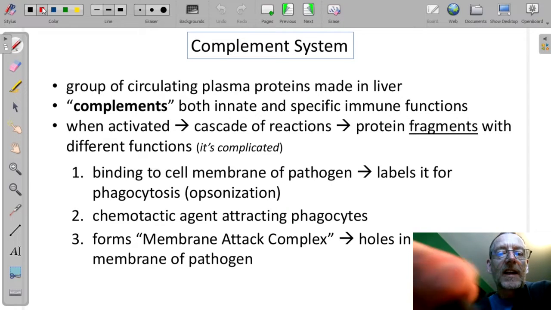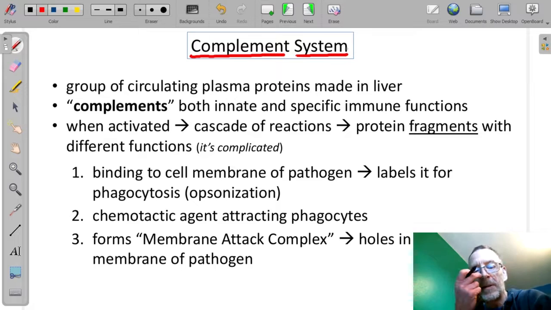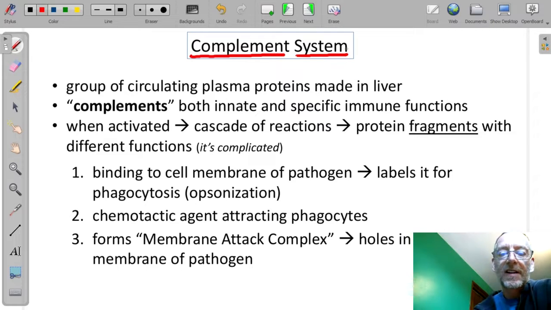So it got its name originally because it complements other immune system functions. So that makes sense. So we'll just call it a complement system. It consists of numerous plasma proteins. It's a rather long list of them, and they are made in the liver.